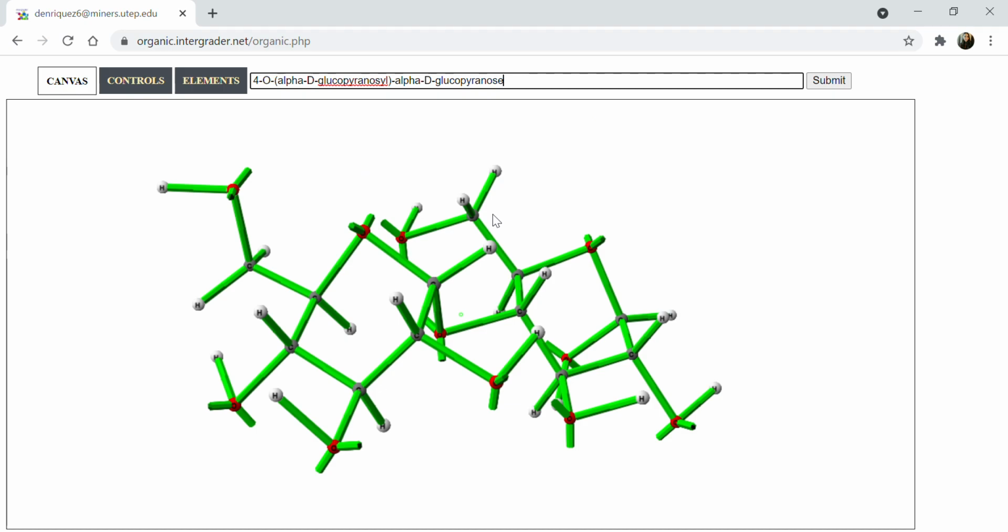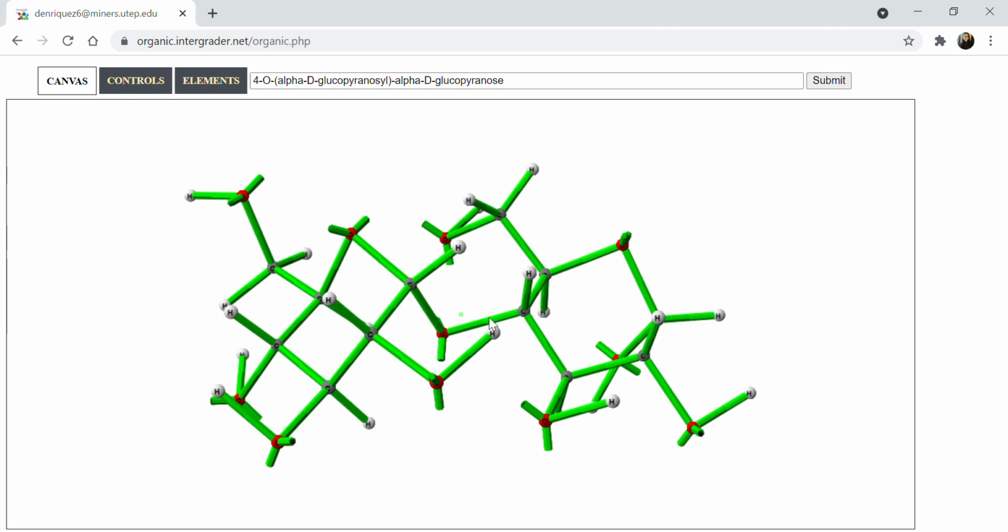Okay. I know double checking is important. I think it takes a long time to double check this huge molecule, but let me see. Alpha, this is right, left, right, right, right, left, right, right.